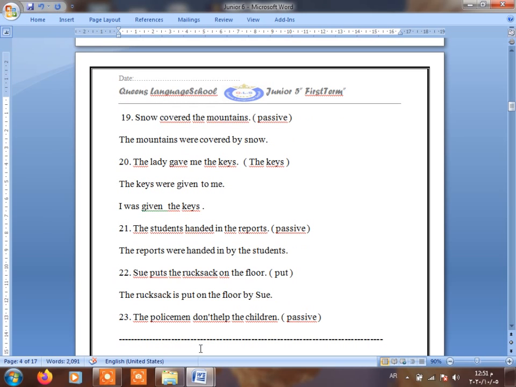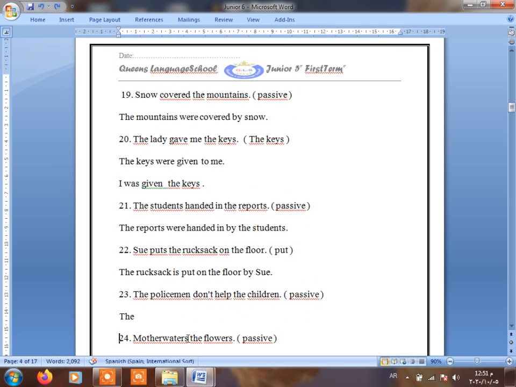23. The policemen don't help the children. So we change it to passive. The children. So this sentence is in the present simple, so I have to use are here because children is plural. So the children are not helped by policemen.